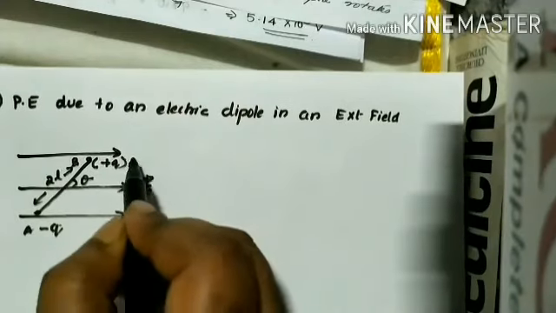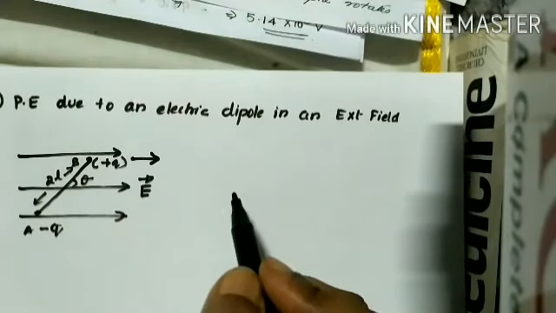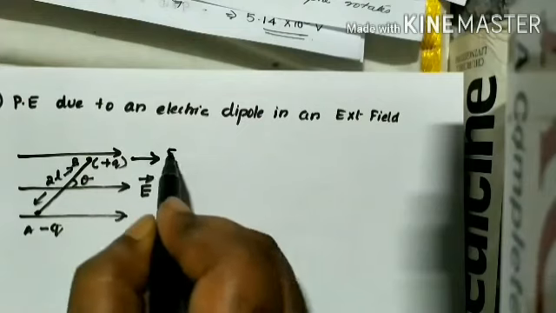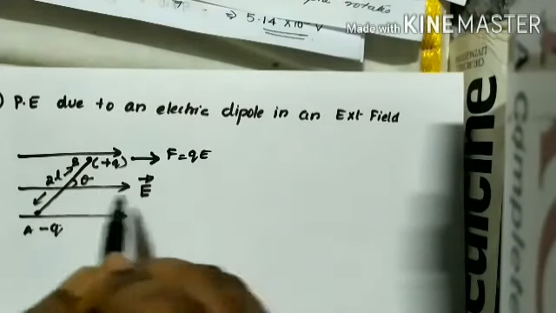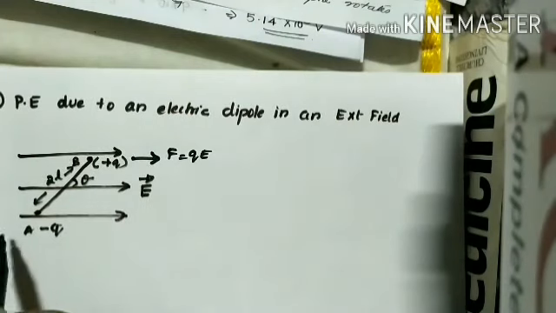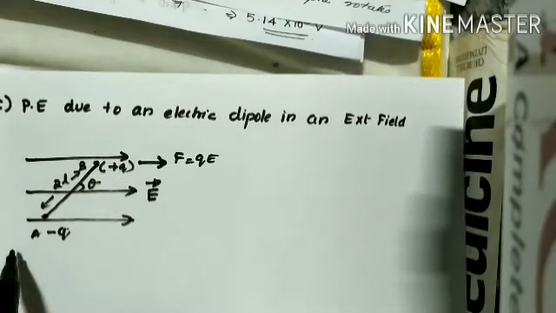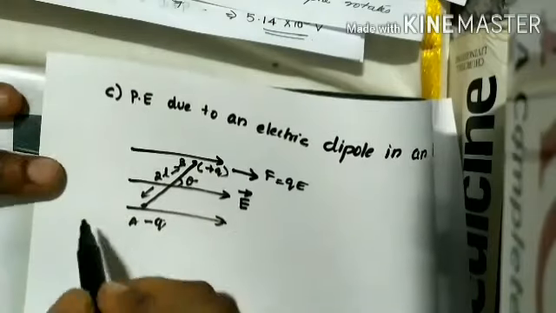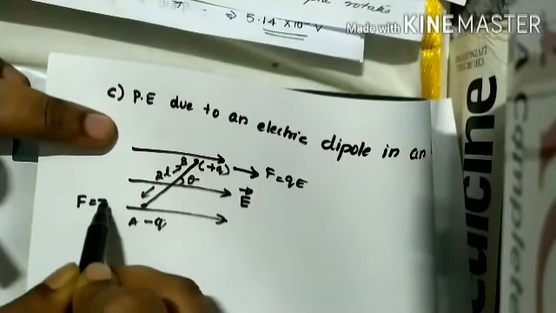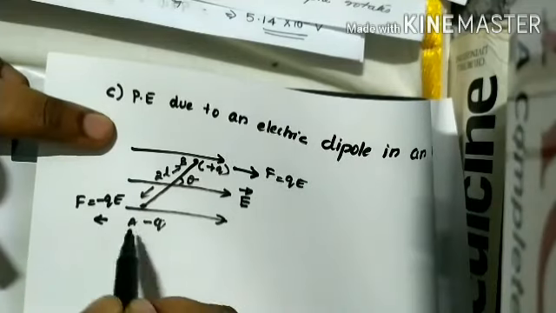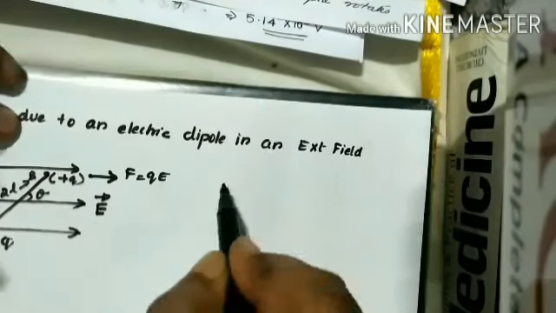Now this end will have a force in this direction. Why? F is equal to qE, so plus q means it has the same direction as the field. Whereas at this end, F will be equal to minus qE, that is, in the opposite direction. I hope you remember these things.